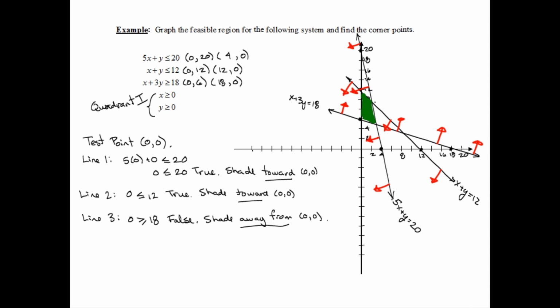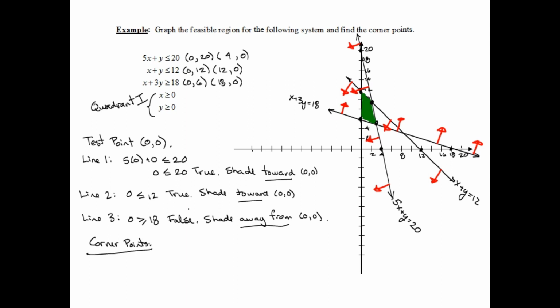And now we want to find our corner points. So where are they? There are 4, right? Now the ones that are on the axes should be obvious. So if we're starting to make a list of corner points, there are 2 that we can write in right away.